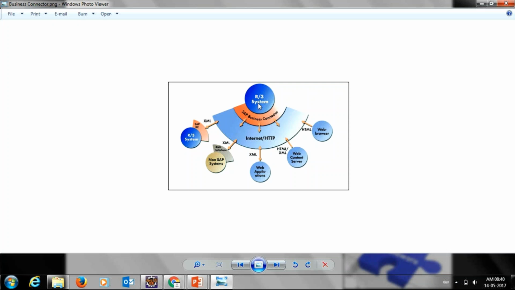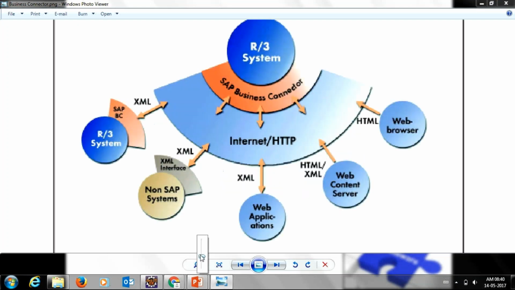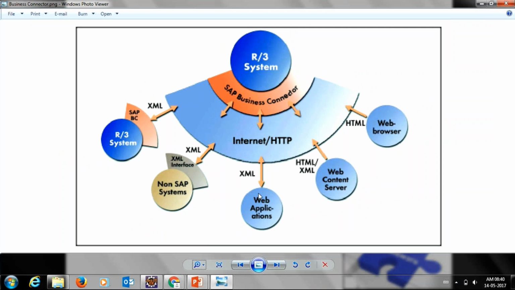So this was the R3 system, and it was connected through Business Connector. This Business Connector would take the data from the R3 system and supply it to the outer network.